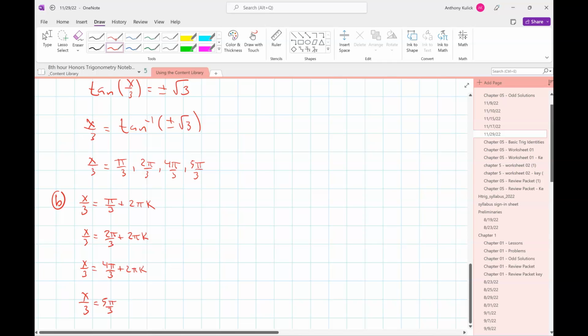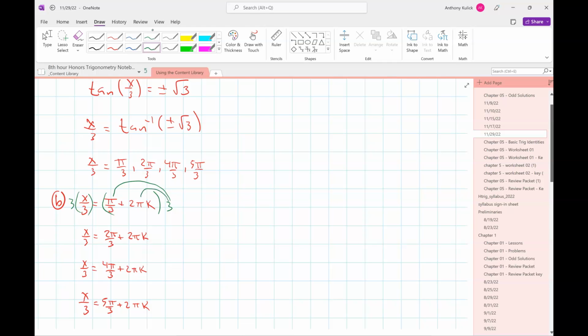Okay. To get the x by itself, what do I have to do to both sides? Multiply by 3, right? Everybody agree? Here's the trick. That 3 distributes.